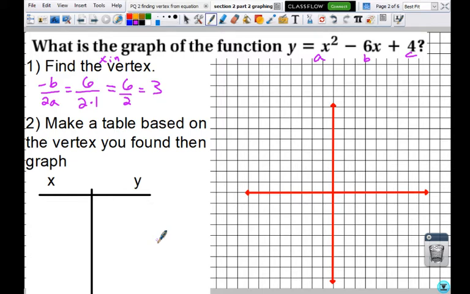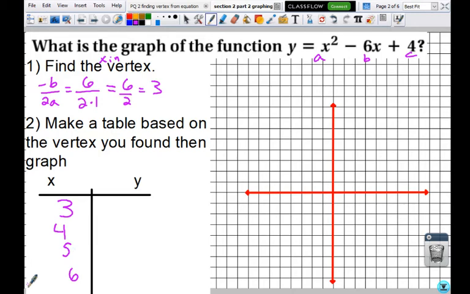So what I'm going to do is make a table like we did before, and I'll show you how to put that in again. But I'm going to make my table start at 3. Instead of starting at 0 like we did last time, this time I'm going to start at 3. And then from there, I'm going to start counting up: 3, 4, 5, and 6.